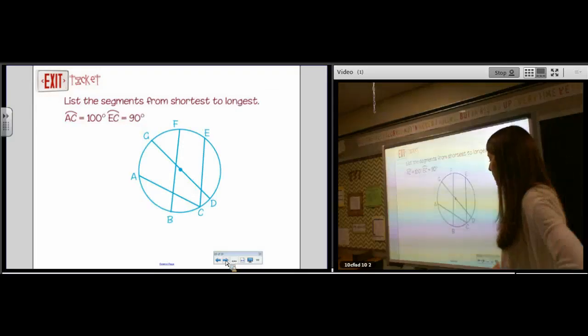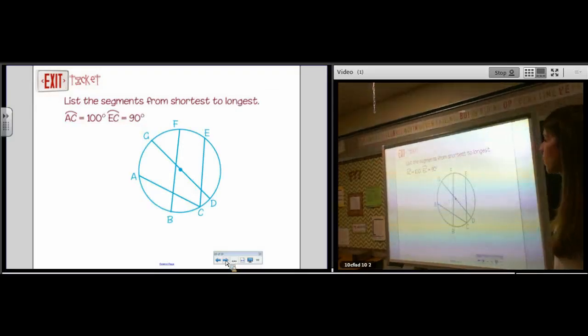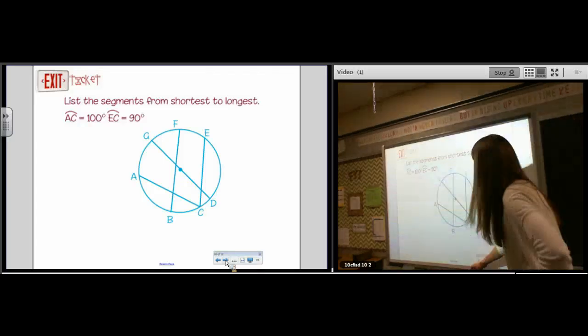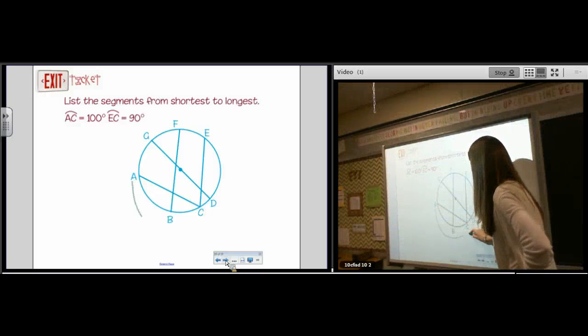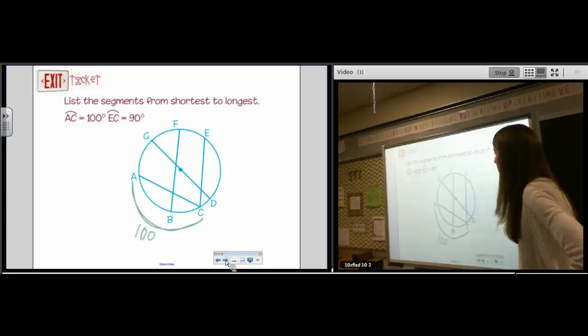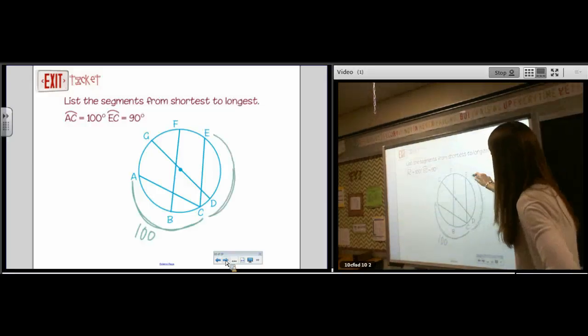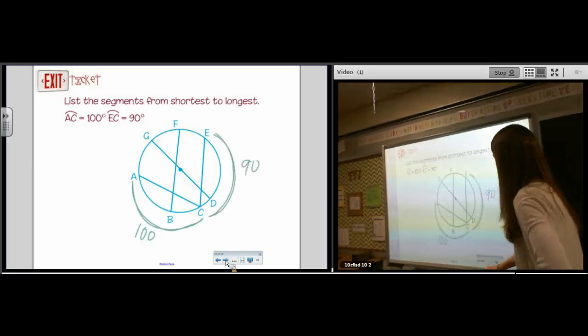All right, last problem of the day. List the segments from shortest to longest. AC is 100. EC is 90.